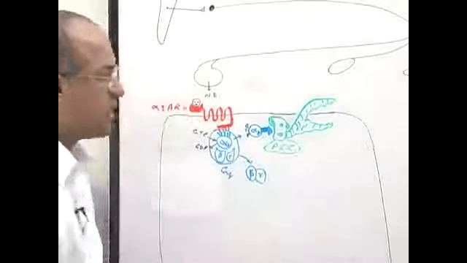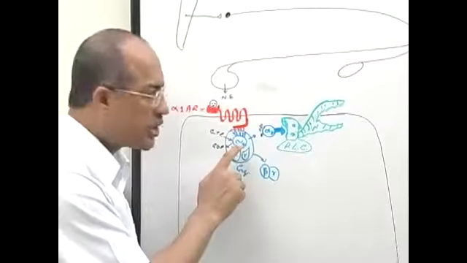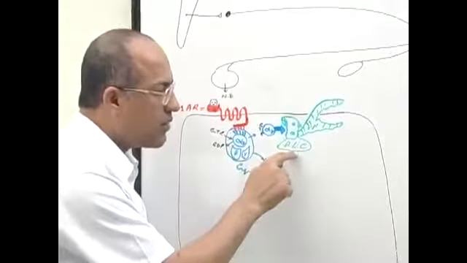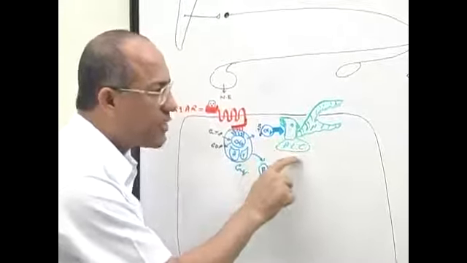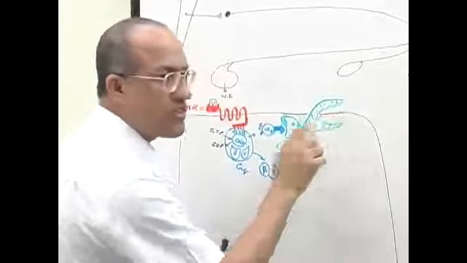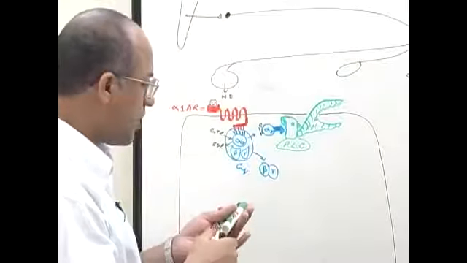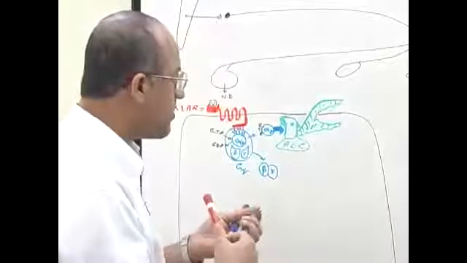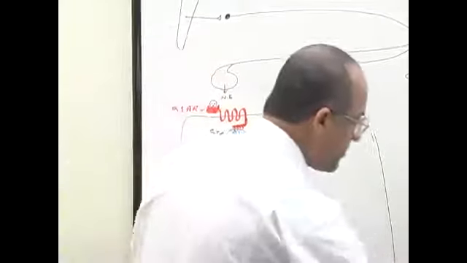Phospholipase C. When Gq is stimulated, the alpha component of Gq stimulates phospholipase C. When phospholipase C is activated, this enzyme attacks the lipids in the cell membrane, a very special lipid.